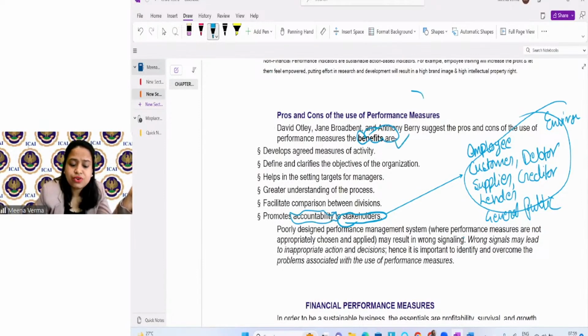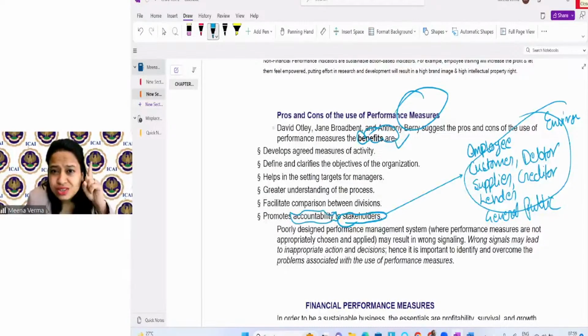So this is the benefit of measuring performance. Measure your result, evaluate your result. See whether your goals are achieved, both financial and non-financial goals. Money is not enough. If you just see money, money, money, it will not help you survive in the long term. Any organization which has survived for so long has done so because they think about everyone.